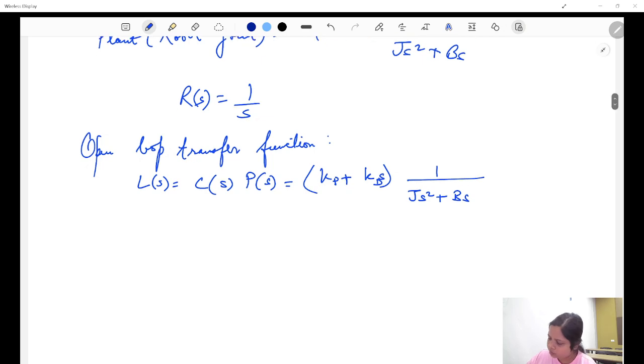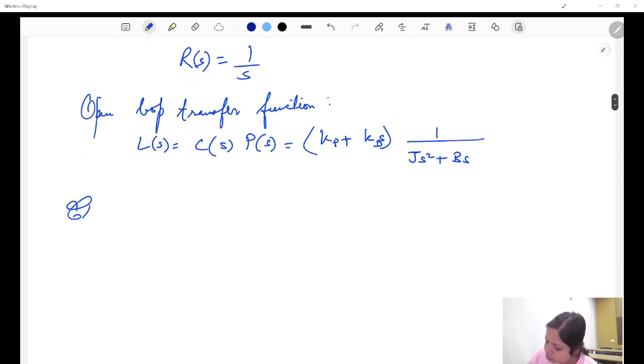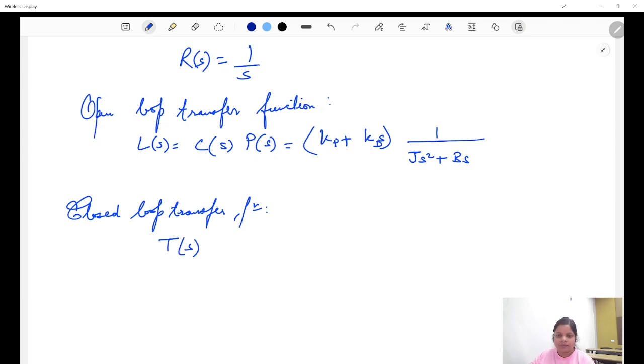Okay. So the closed loop transfer function, let's call it T(s), would be given by L(s). Consider it to be a negative feedback system since we do not have any information about the feedback. So it would be L(s) upon 1 plus L(s).